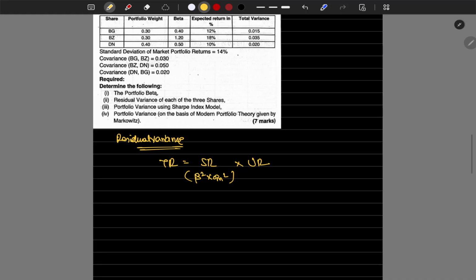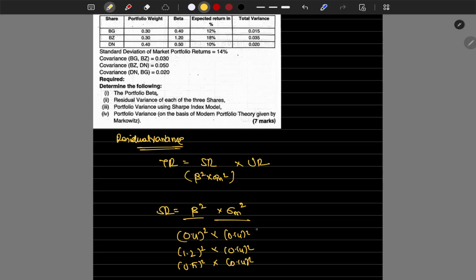Okay. Beta square into sigma market square. What is beta square? 0.40 into power square, 1.2 square, 0.5 square, into sigma market square, which is 0.14 whole square.